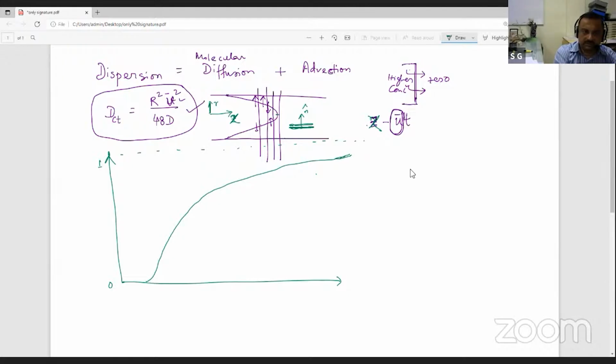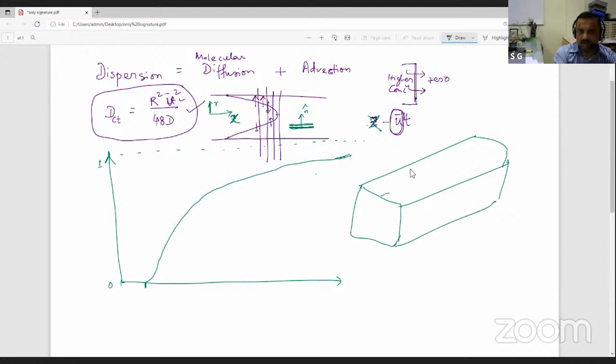So this breakthrough is occurring because of what? Let us say I have a porous medium which looks like this. Let us say I have a cross section, and this is a porous block, and I have a crack running through this.